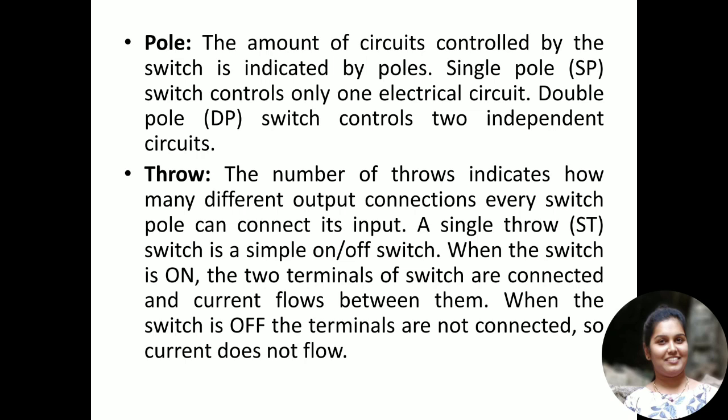A single pole (SP) switch controls only one electric circuit. A double pole (DP) switch controls two independent circuits.